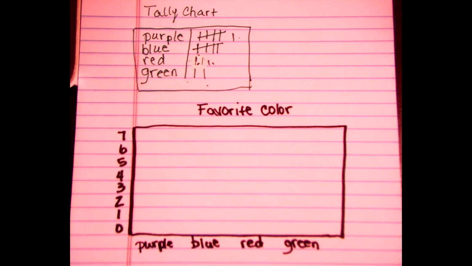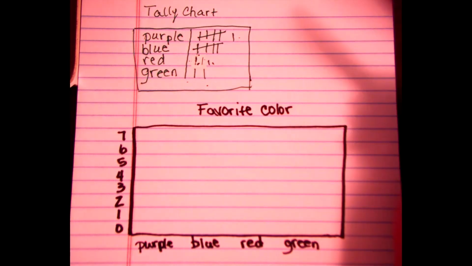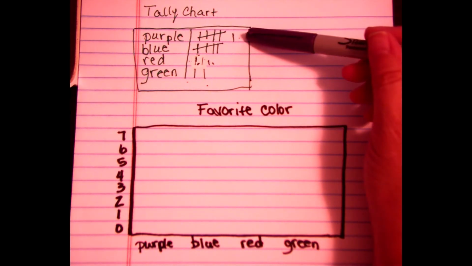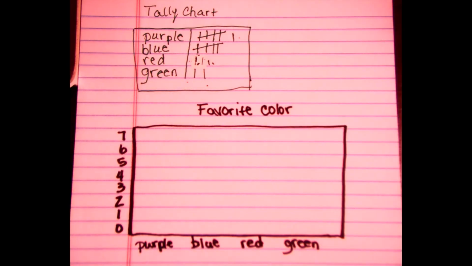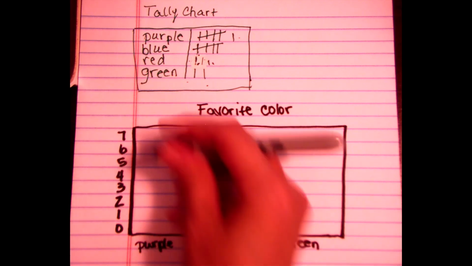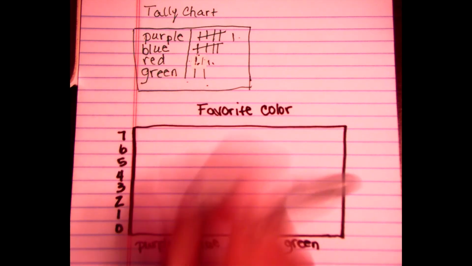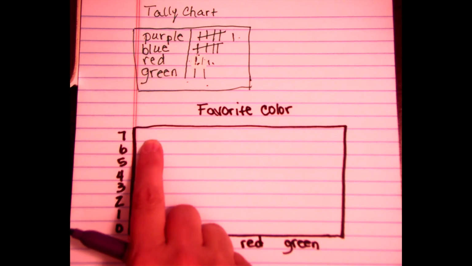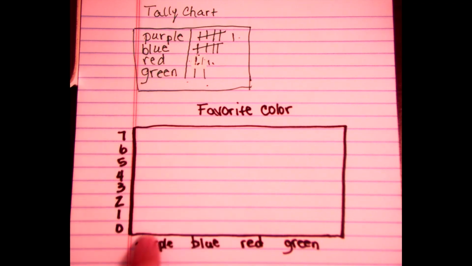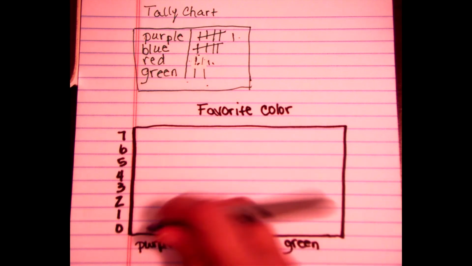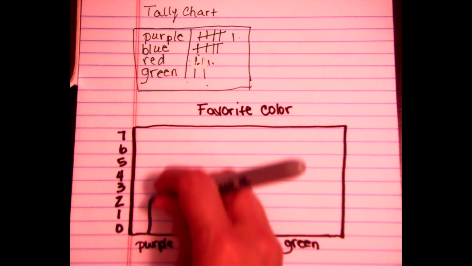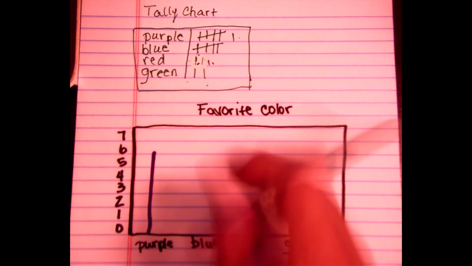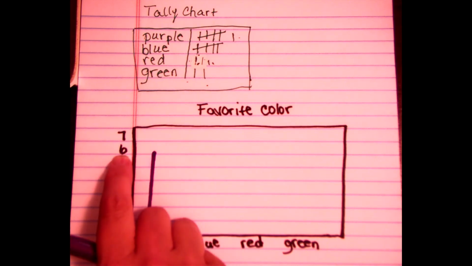Now I'm going to create my bar. So according to my data and my tally chart, I had 6 people chose purple as their favorite color. So I'm going to make my bar, okay? So this is important. I don't want my bar to go up to 7. When I get to the top, draw my line, and then I go across, it's showing me 6.